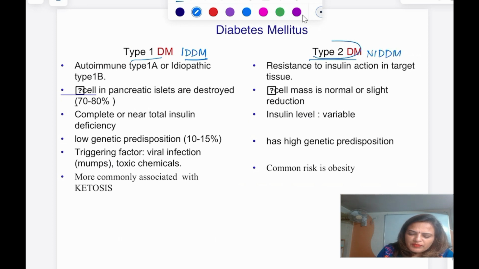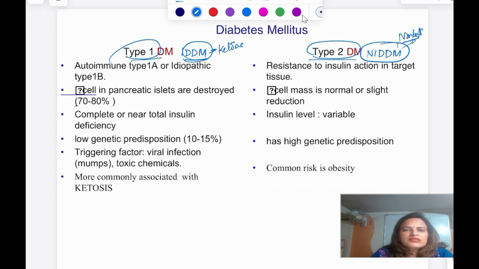So type 1 and type 2 tell about the pathogenesis, and insulin dependent and non-insulin dependent tell about the physiological mechanism. This is ketoacidosis prone and this is non-ketoacidosis prone. And type 1 and type 2 tell about the pathogenesis: this is immune mediated, autoimmune mediated, and that is the main cause here. In type 2, obesity or insulin resistance is the main cause.